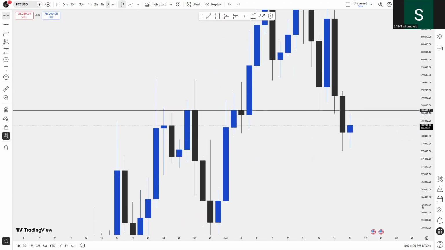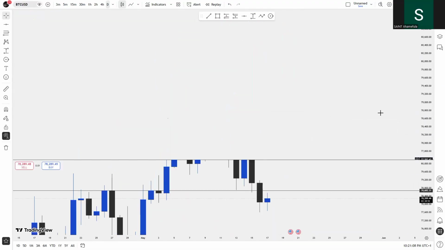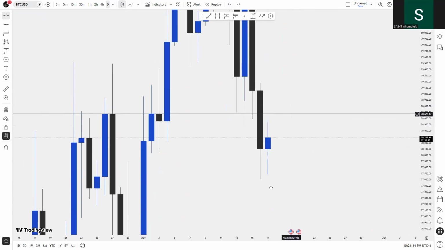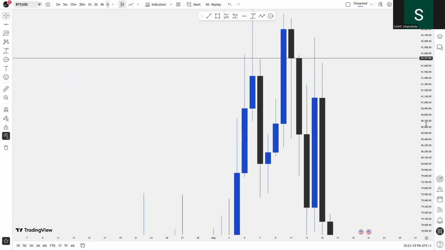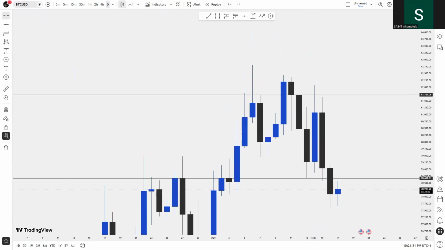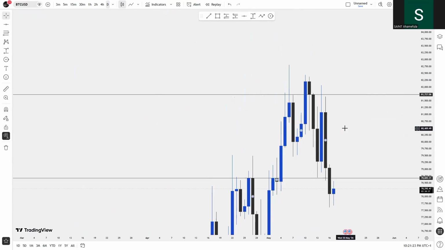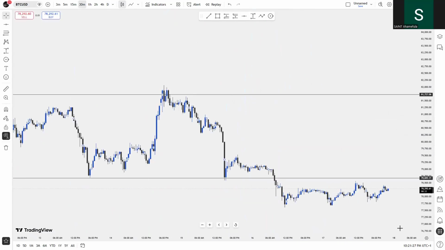Now we can see that price mitigated this one. We can clearly see that price mitigated this daily bearish order block for sells, right? Now, what do we do? We start looking for entries, right?